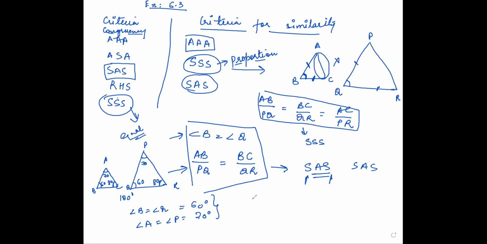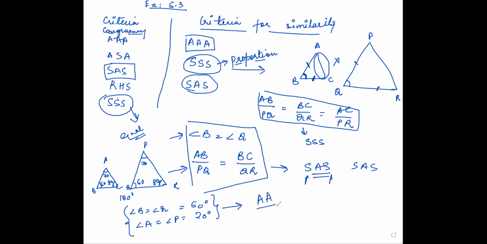In both triangles the sum of the angles is 180 degrees. So if two angles are equal, the third one will obviously be equal. So it's not always necessary to show all three angles. If you are able to show only two angles to be equal, then also the triangles are going to be similar.